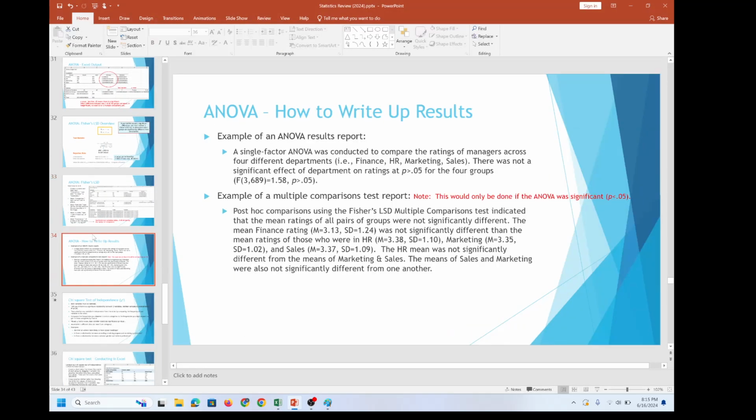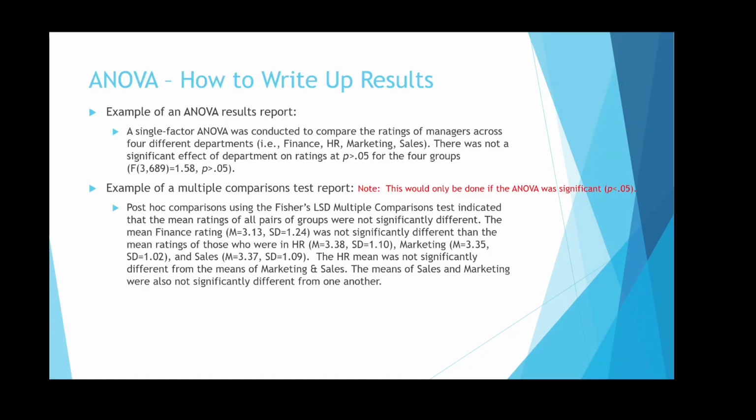The last thing I wanted to show you for an ANOVA is simply how to write up the results in a technical report. So we would say something like, a single factor ANOVA was conducted to compare the ratings of managers across 4 different departments, list out the departments. There was not a significant effect of department on ratings at p is greater than 0.05 for the 4 groups.